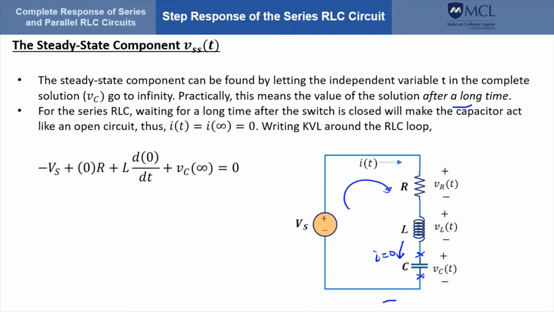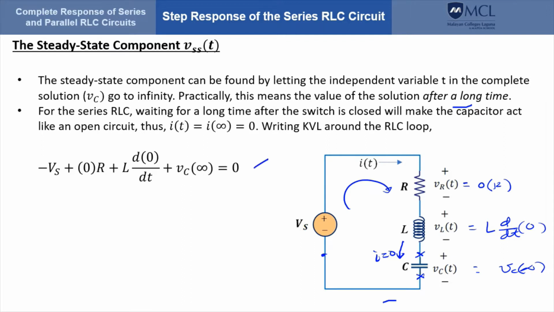So starting here, minus V sub s, plus the voltage across the resistance, which is 0 times R, plus the voltage across the inductance, which is L times the derivative of the current, which is 0 also, plus the voltage across the capacitor, which is the voltage after time infinity, and that should give us this expression.